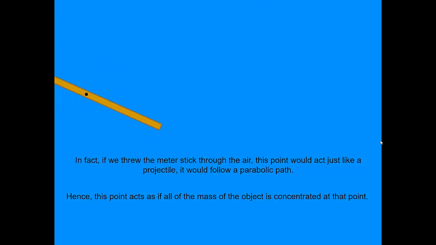In fact, that means that point acts like all of the mass is concentrated at that point. If we shrunk the meter stick down to a point, we'd have to shrink it down to that point, and then it would move just like our projectile motion particle, in a nice parabola, when only gravity is acting on it. This is what we call the center of mass of an object. Center of mass.